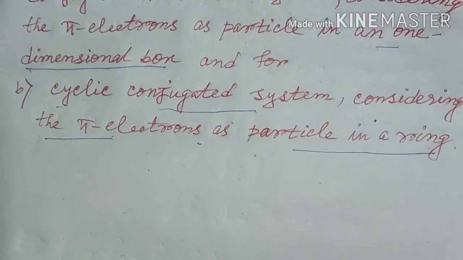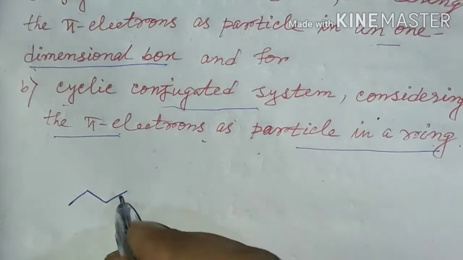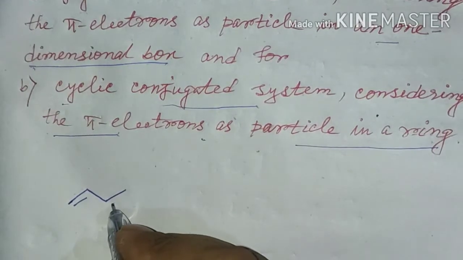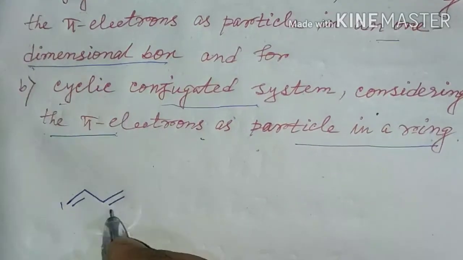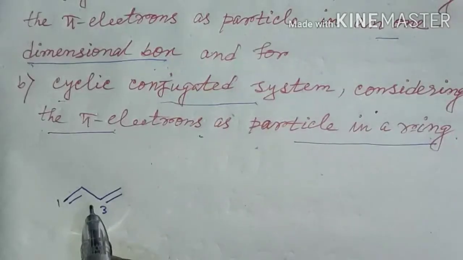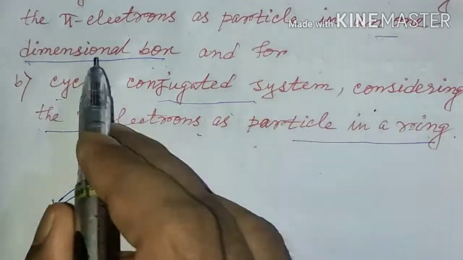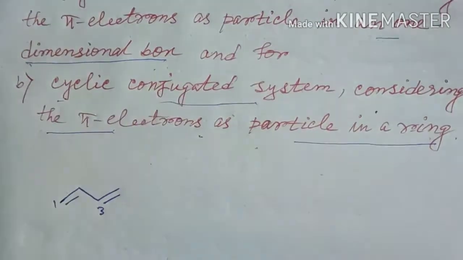Now, if you are given a straight chain pi electron system, like 1,3-butadiene, it is a conjugated system and can be seen as a straight chain, that is a linear molecule, and the pi electron of this system behaves like a particle in one-dimensional box system.